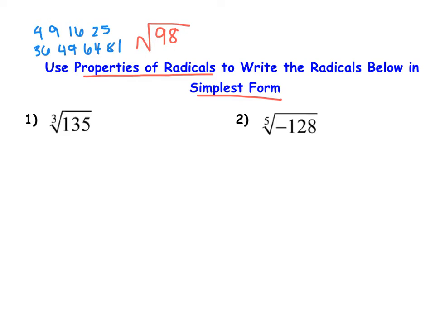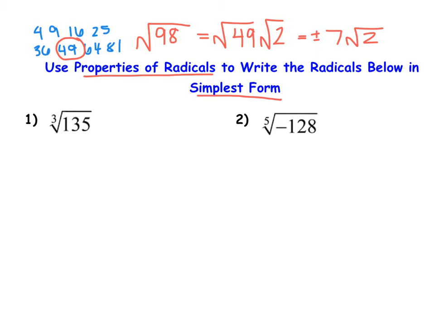In this case, if I divide 98 by all of these perfect squares that are smaller than it, I would find that 98 can be rewritten as the square root of 49 times the square root of 2. I would do this because 49 is a perfect square, so the square root of 49 becomes 7, and I would get plus or minus 7 square roots of 2.